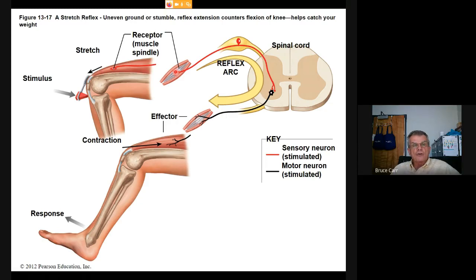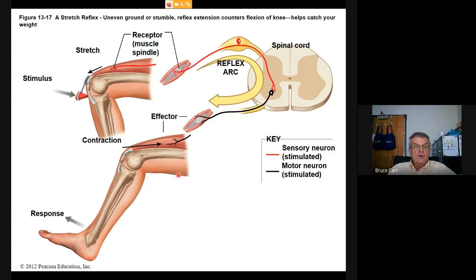When it jerks, it sends a sensory message and a direct motor response, a reflex message back out to the effector, in this case to the same location of the gross anatomy of the body. In this case, the pointer shows you the side of the quadriceps group. So if you stimulate that quadricep muscle, it contracts and jerks the knee.